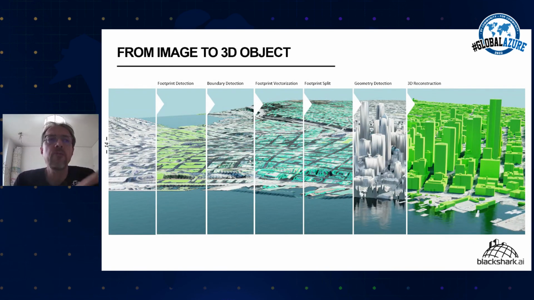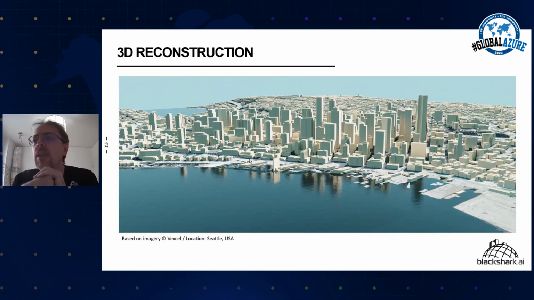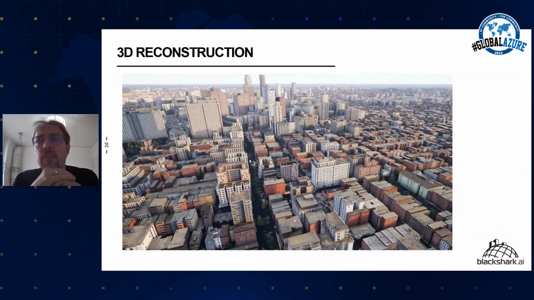So what do we do with it? For us, these footprints, vegetation, and so on are only the first step. We do some additional geometry detection and then 3D reconstruction to eventually have a 3D world like this, or more like this if we do a rendering inside a game engine like Unreal. For example, what you see here, the building footprints were detected exactly the way I told you.